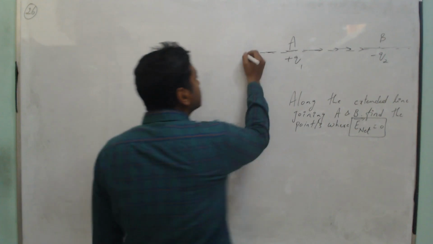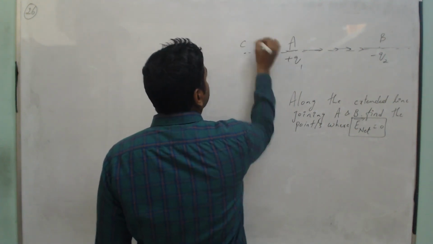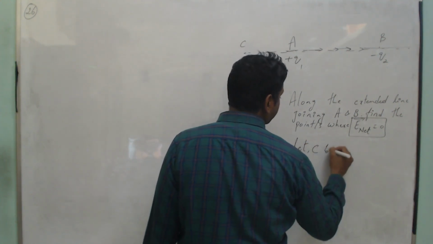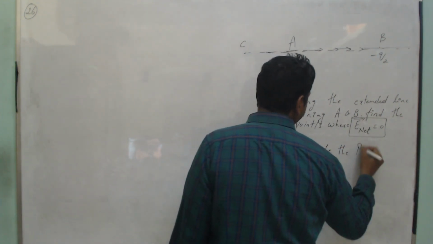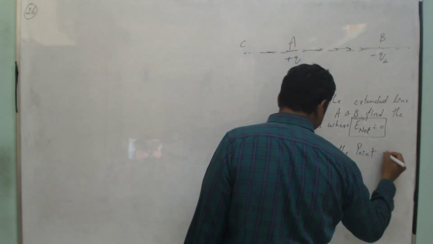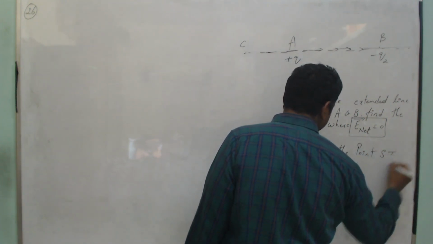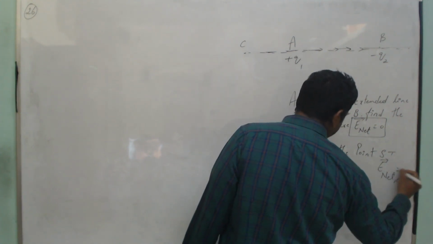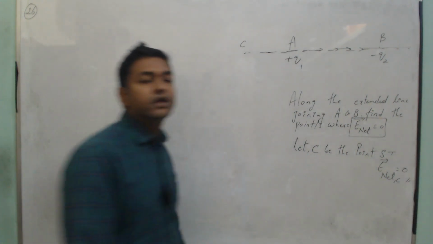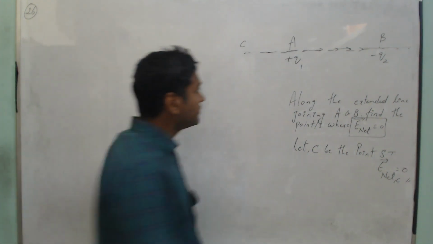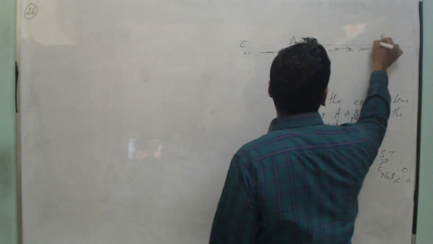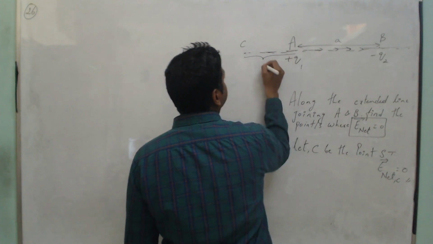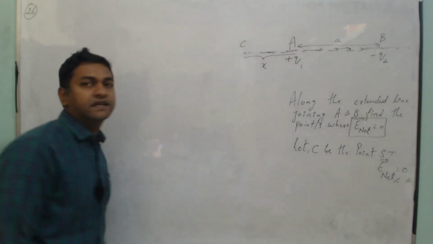So let C be the point such that the net electric field at point C is zero. Let the distance between AB be given as a, and here let us take this distance AC as x.